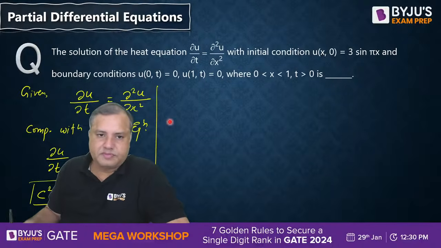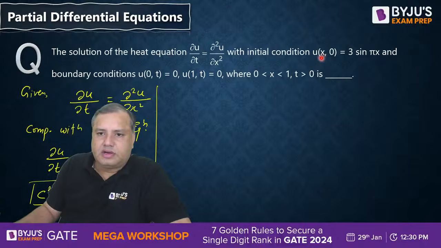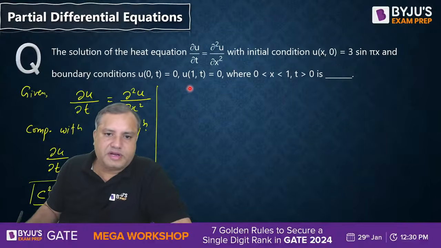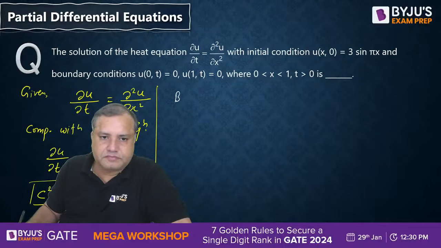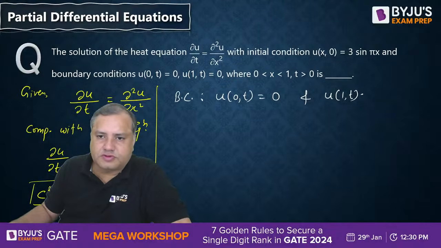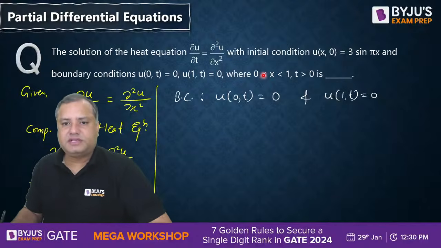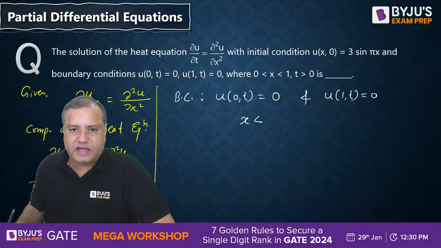Now see here, this equation, they have given the boundary conditions. Boundary conditions: u of 0 comma t equal to 0 and u of 1 comma t is also 0. X is varying in the interval 0 to 1.